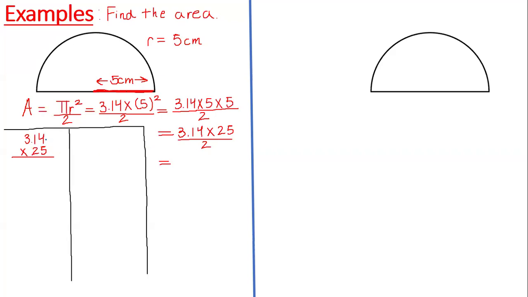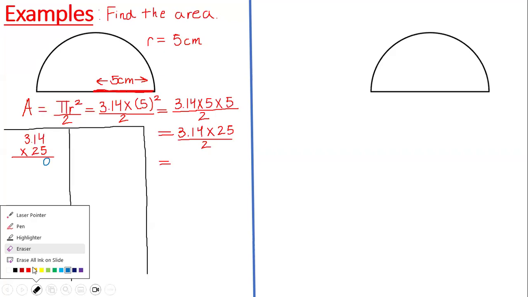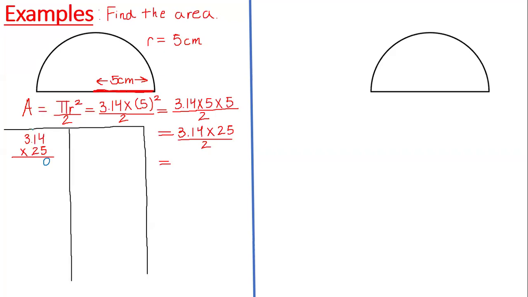So 5 times 4 is 20. Put the 0 down, put the 2 up. 5 times 1 is 5, plus 2 is 7. 5 times 3 is 15.